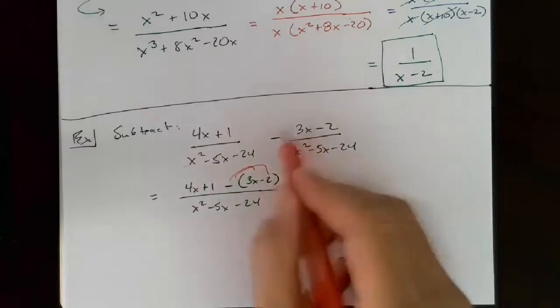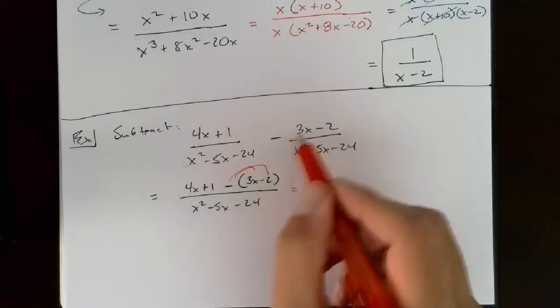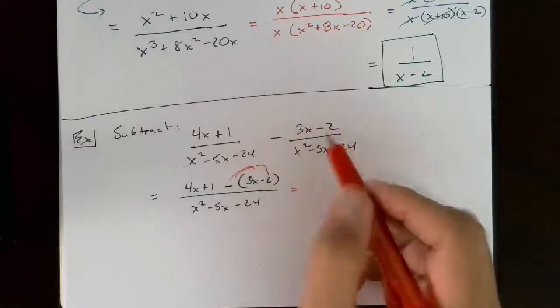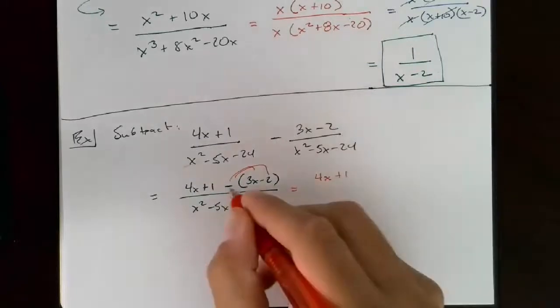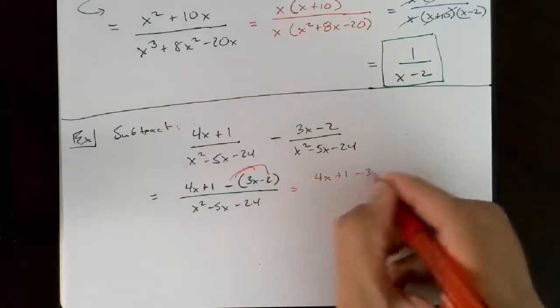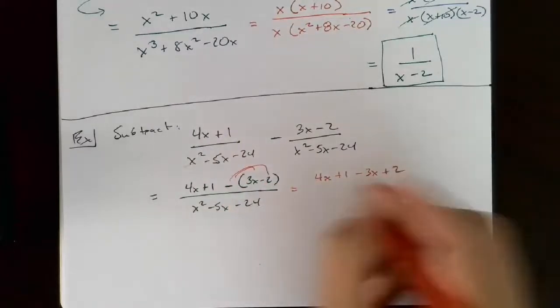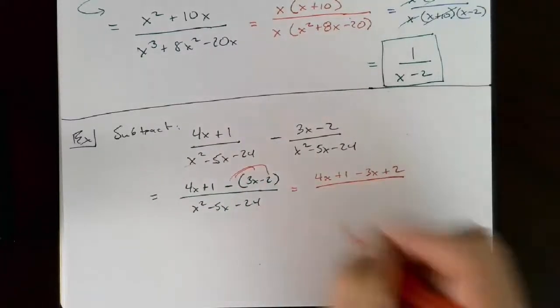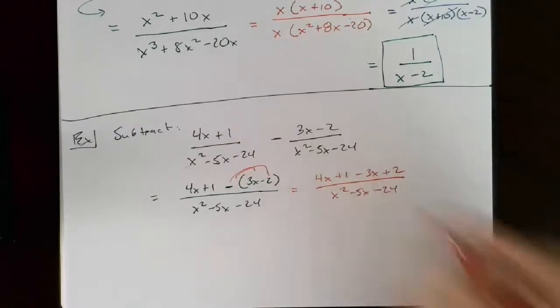Now if you can do that on your own, visually that's fine, but don't miss it. Sometimes people don't even recognize that they just put the negative on the 3x, not with the negative 2. And it's important because we have 4x plus 1 here, distributing the negative. Negative times a positive 3x makes that a negative 3x. A negative times a negative here makes us a positive 2 over the denominator, which I'll keep as x squared minus 5x minus 24.